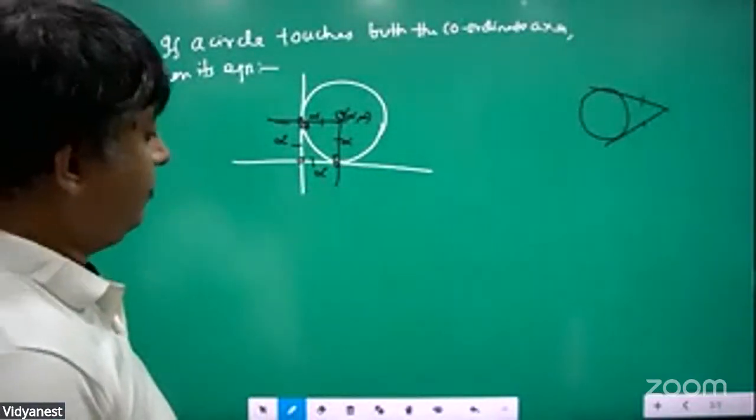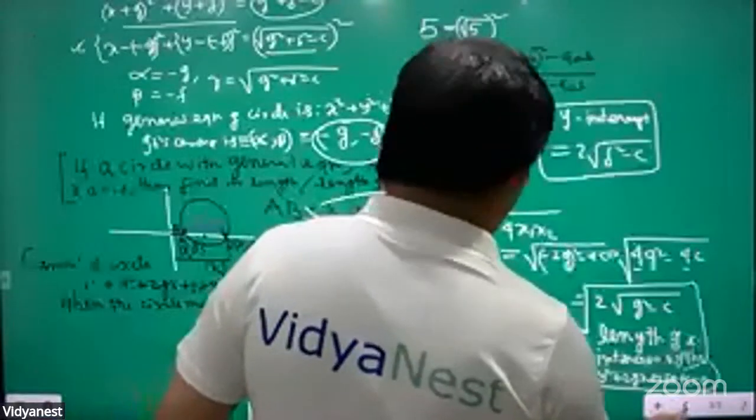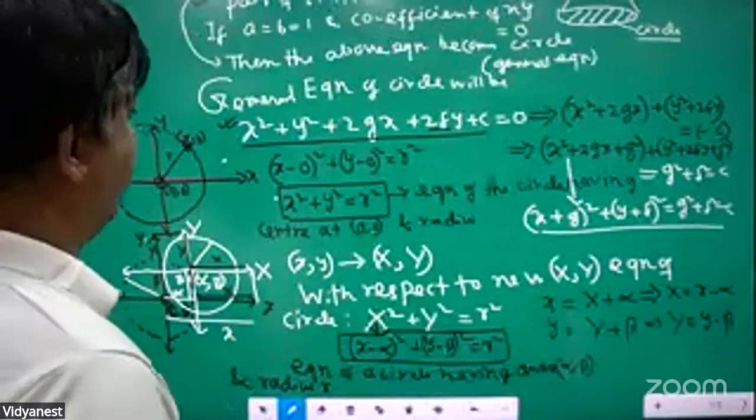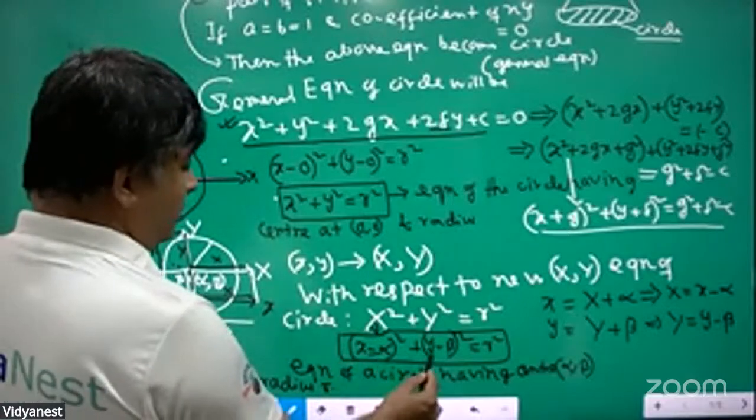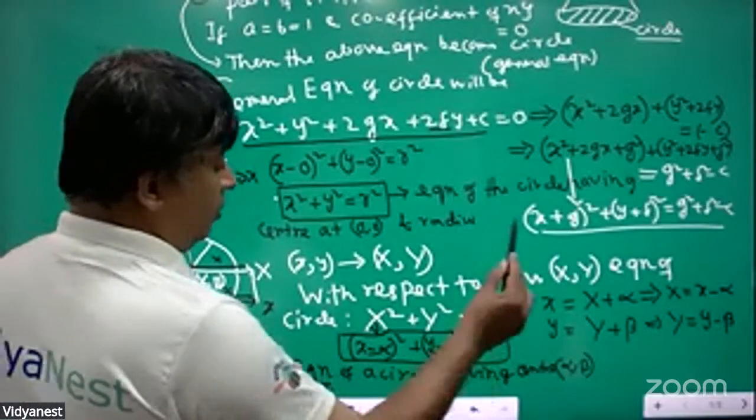So a few minutes back, see, we got the equation of the circle as x minus alpha whole square plus y minus beta whole square is equal to r square.